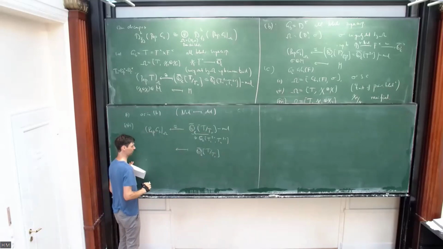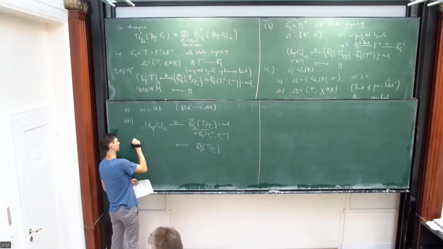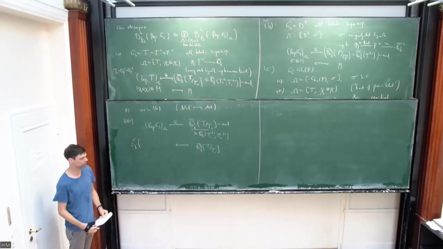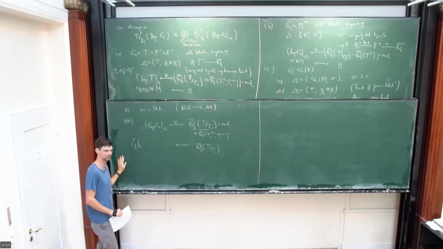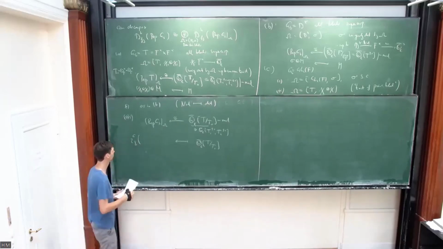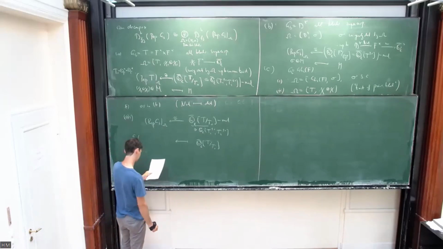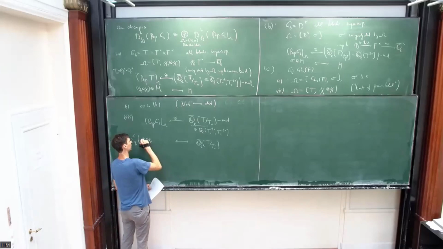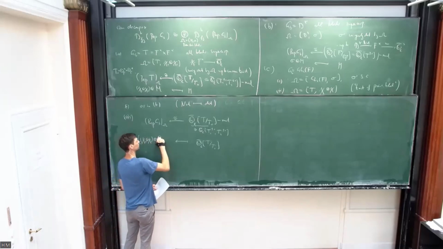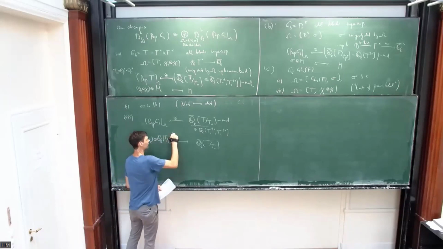Namely, what you do is you take the normalized parabolic induction. Well, you take the Borel or the opposite Borel, in fact, will not matter at all because these turn out to be isomorphic, of chi1 tensor chi2, and I twist it by this guy.